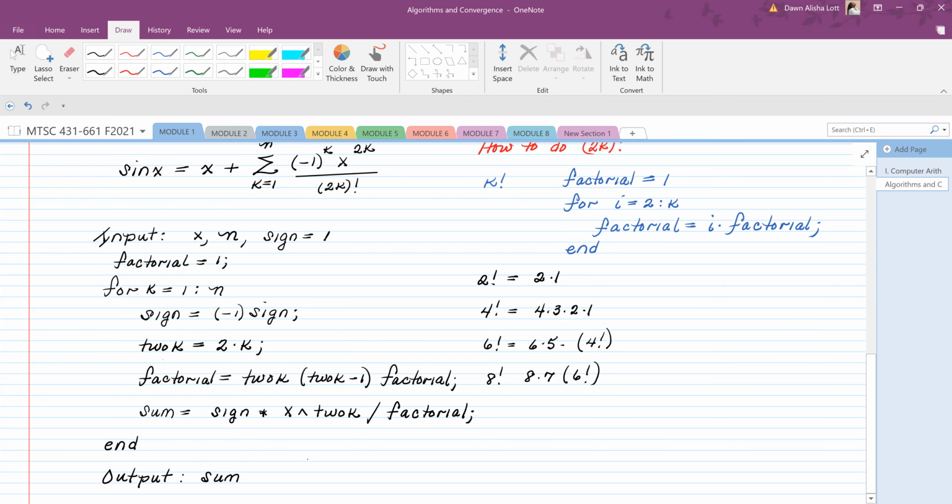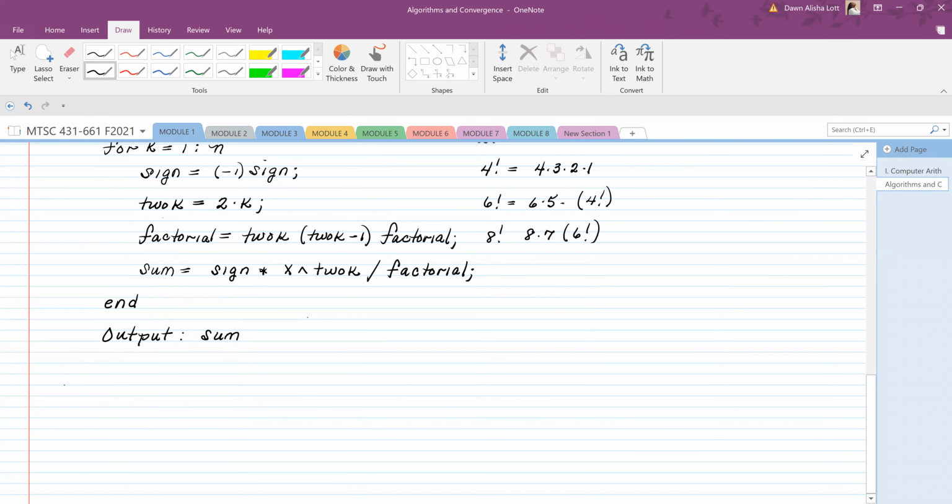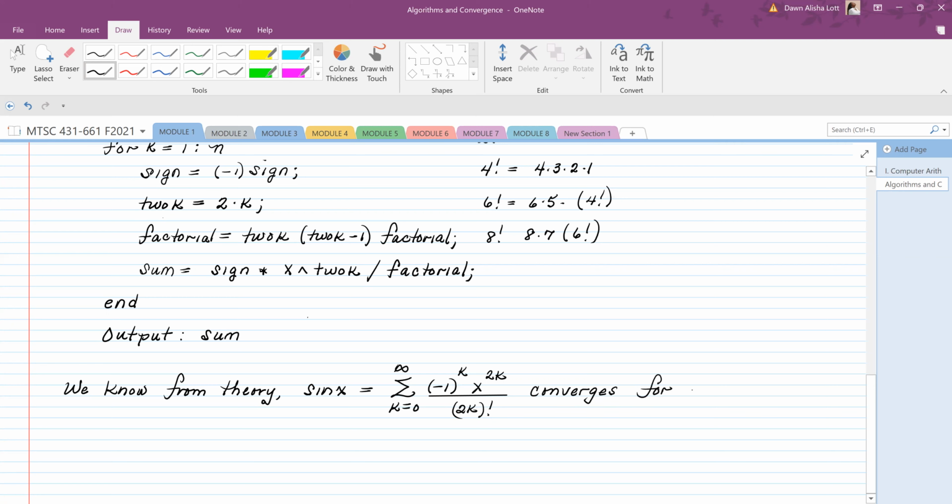Now, here's the thing about this problem. We already know from theory that the sine of x is equal to the sum k equals 0 to infinity of -1 to the k, x to the 2k over 2k factorial, which converges for the absolute value of x less than 1.